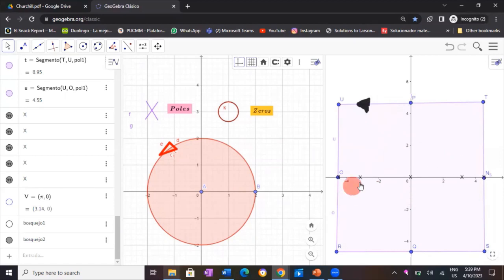And in the points where there was a pole, we will put the x's. If there were any zeros in this figure, then we will put circles over there. That is basically how we manage to identify one from the other.